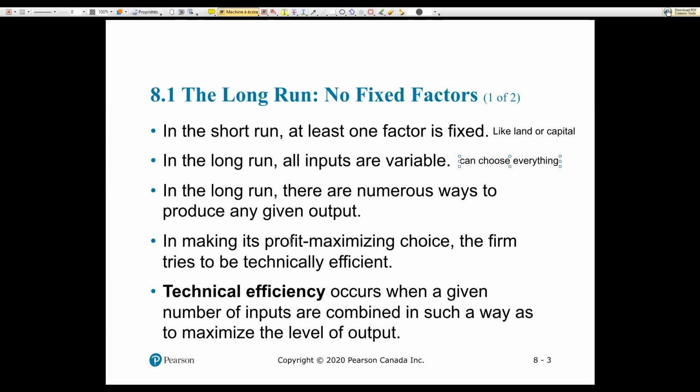So of course, with profit maximization, the choice is to be efficient, so I'm going to pick the most efficient choice. And we're going to see that technical efficiency is when, for a given number of inputs, they are combined in such a way as to maximize the level of output. So this is a truism. It's like saying, I'm a good manager.